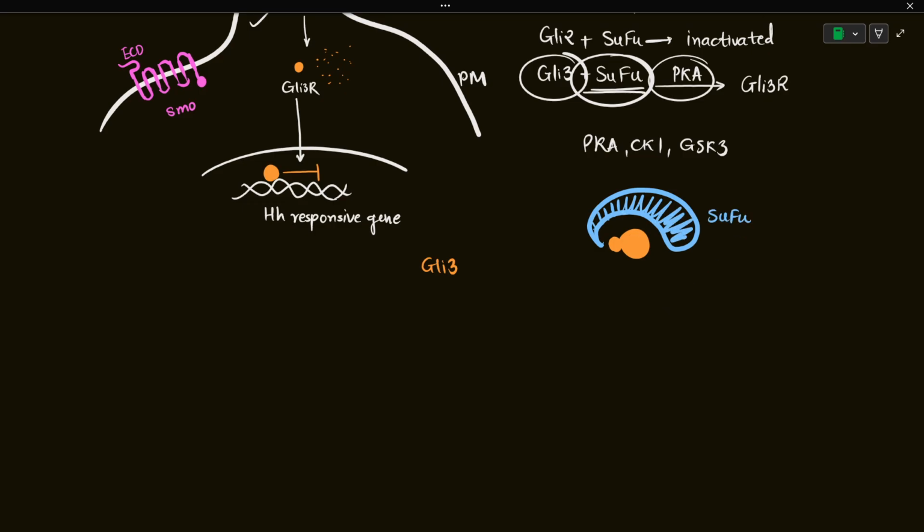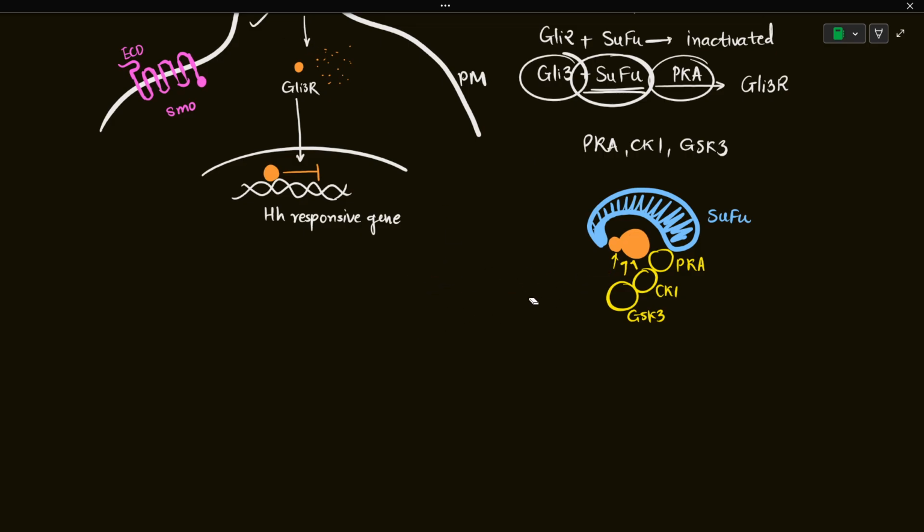The SUFU protein provides a platform for the attachment of kinases. So now kinases such as PKA, CK1 and GSK3 can adhere to this complex and phosphorylate this GLI3, and phosphorylation of GLI3 will result in ubiquitination, which will result in proteasomal degradation.